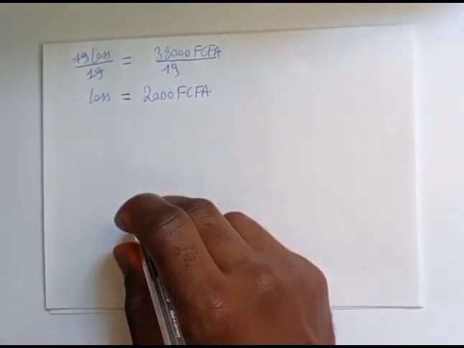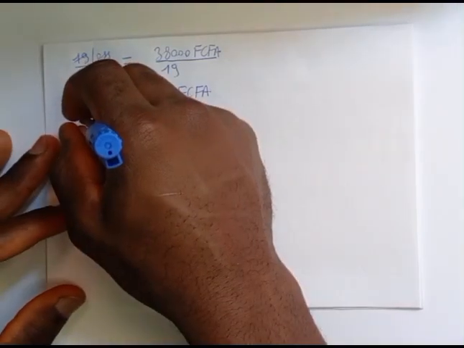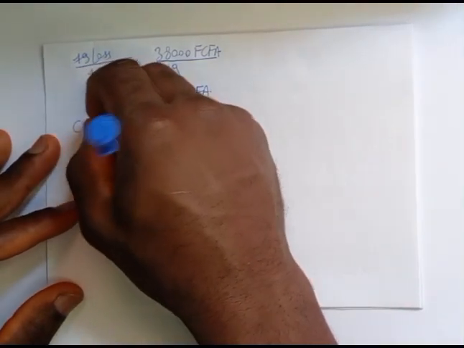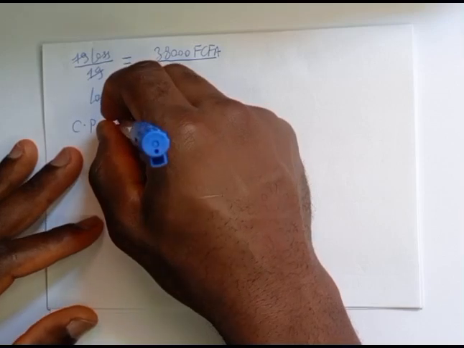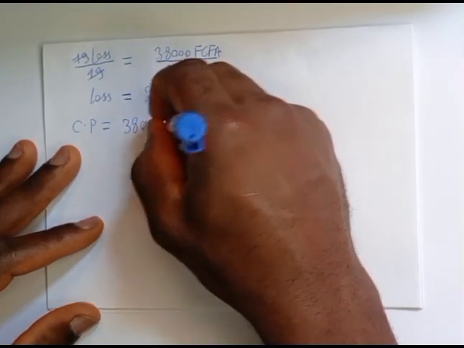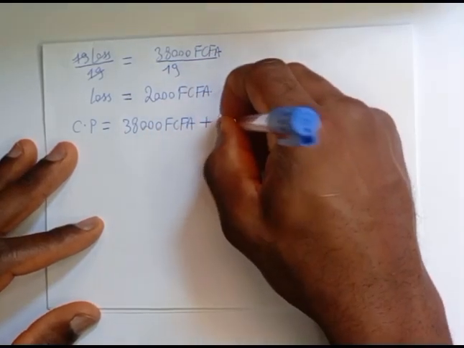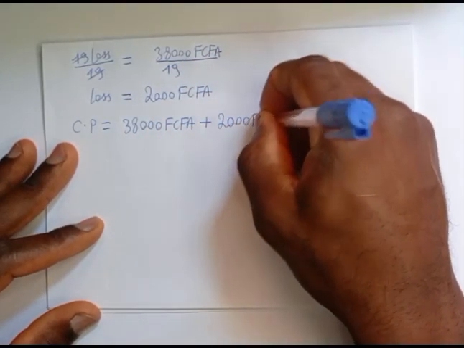Now, knowing the loss, we can find the cost price of the article. The cost price of the article will be equal to the selling price of the article, which is 38,000 francs CFA plus the loss, which is 2,000 francs CFA.